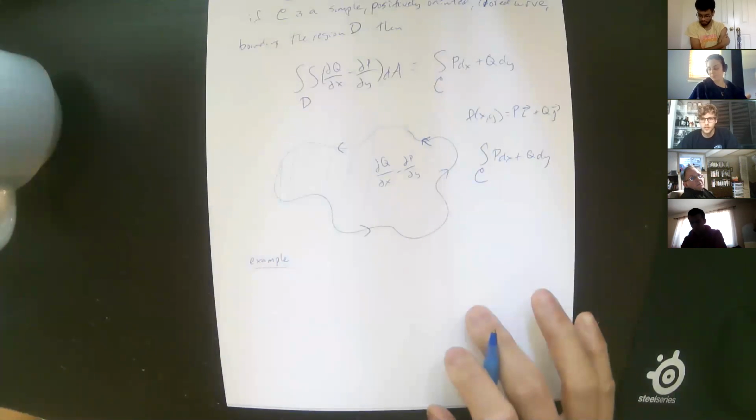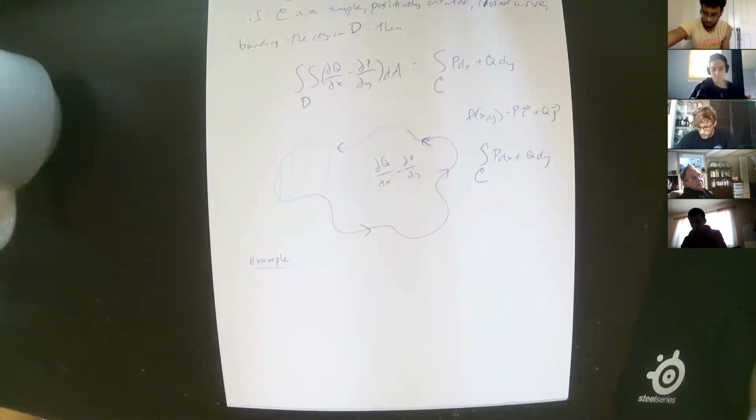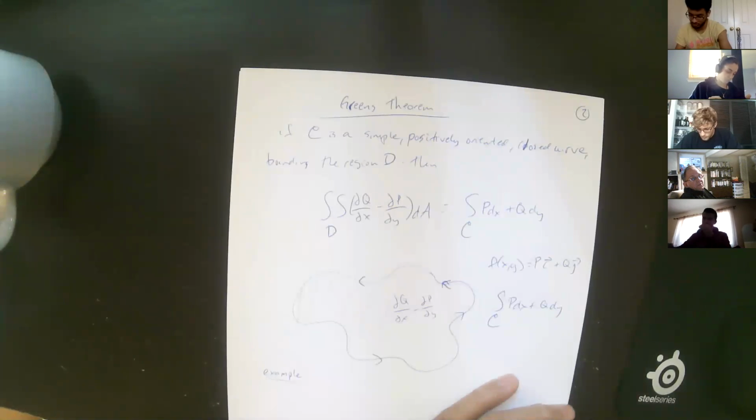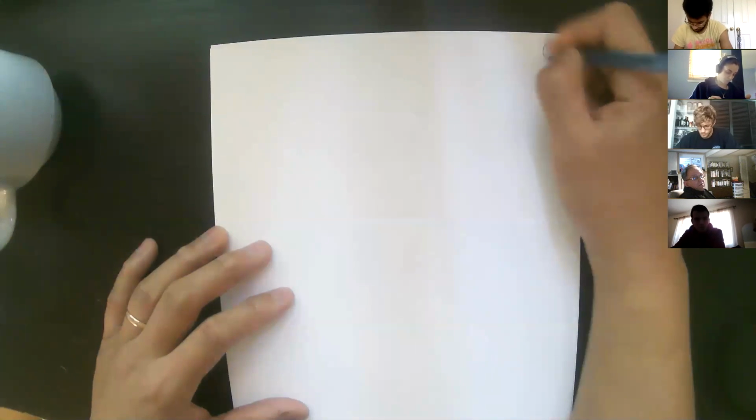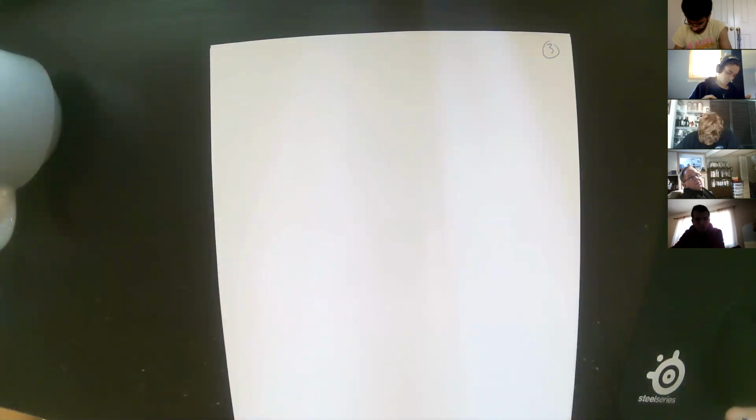Do I want to do an example right here? It's kind of small. Is there enough space? No, I'll do it on a new page. Okay, so let's look at this function. Nice example here.